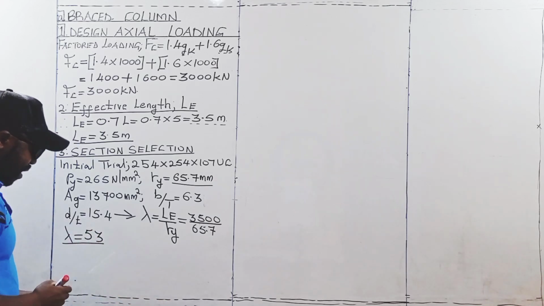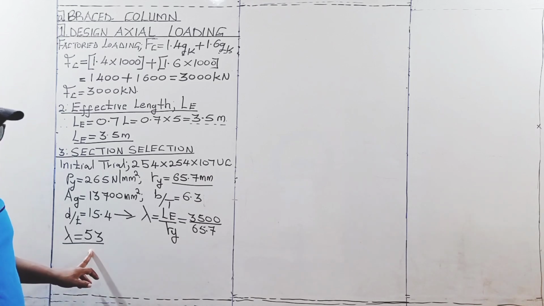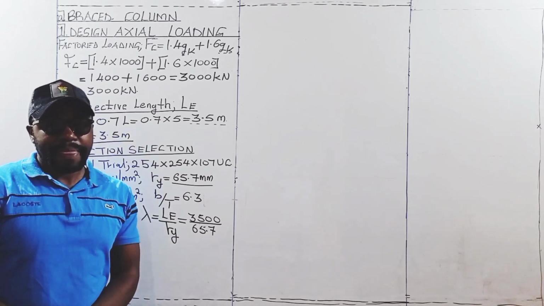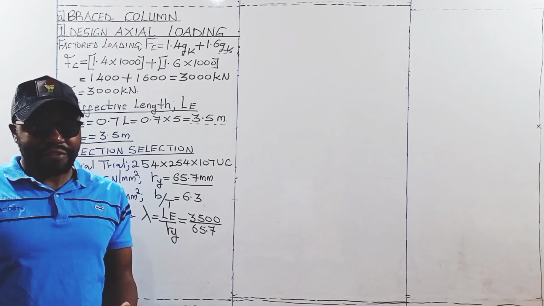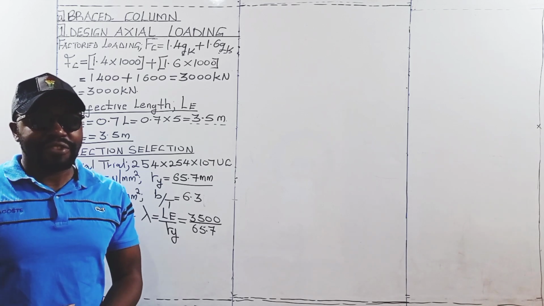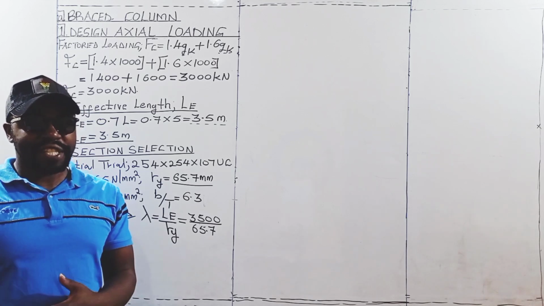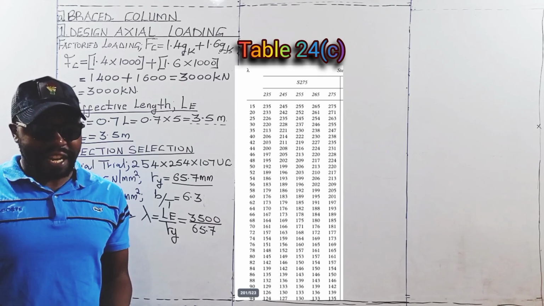So we are going to use this slenderness ratio to determine the compressive strength of steel, and that information we are going to get from table 24C of the BS 5950.